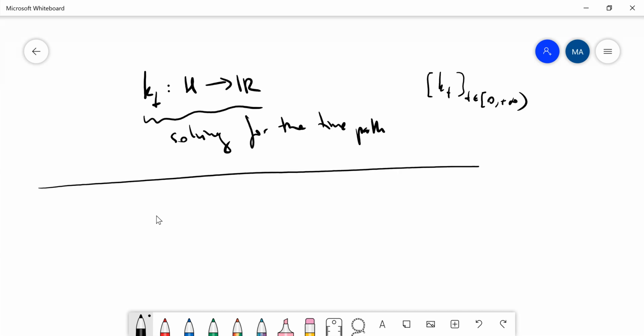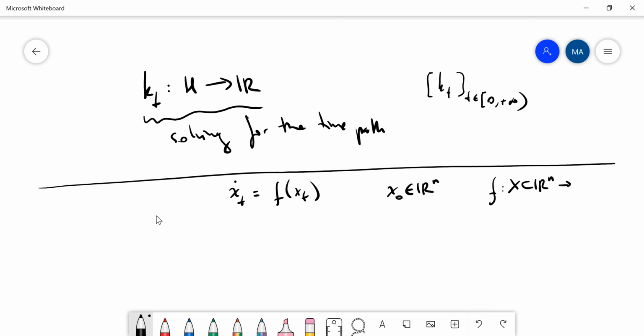What we do with these dynamical systems, now let me write a general form. Here F is defined from a subset of R^n to R^n, because I have a law of motion for each variable.